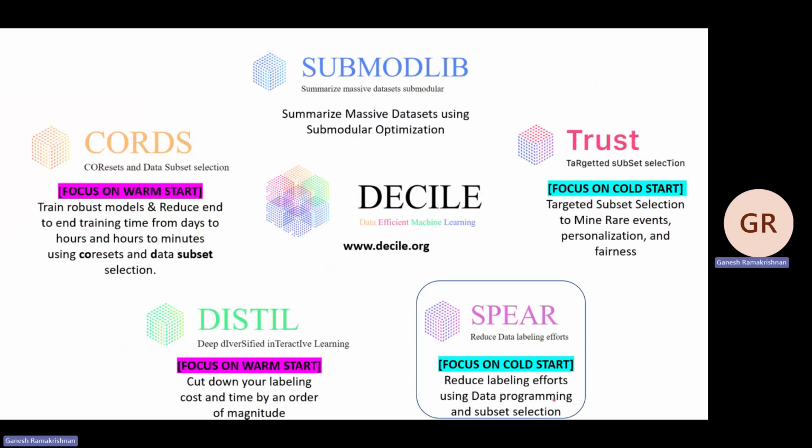Data programming has become quite famous because of the effort from Stanford called Snorkel. What Snorkel does is it lets you write programs and learns parameters on those programs. What do these programs look like? They can be as simple as the speech example.